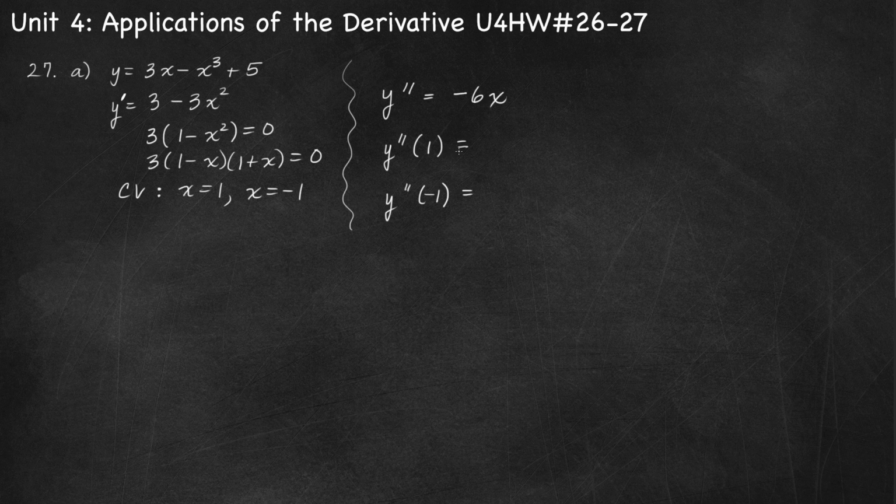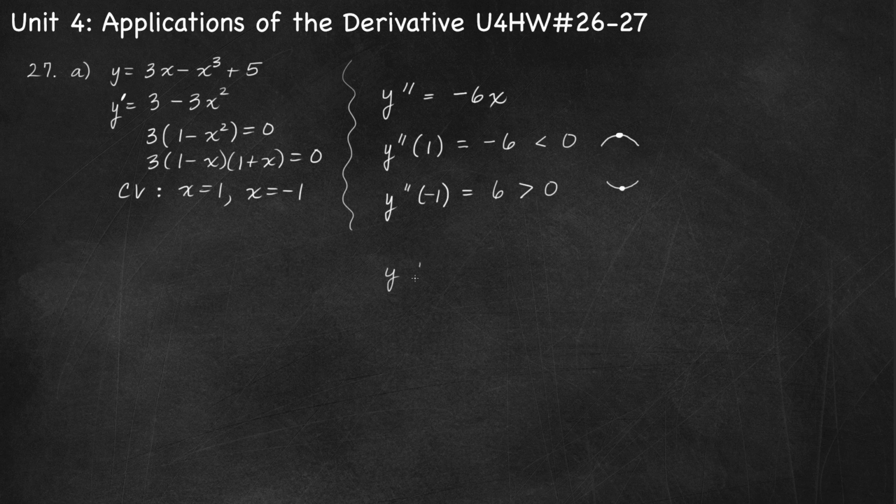Y double prime of 1 is negative 6. That is less than 0. Since the second derivative is negative, I know my graph is concave down at that point, and therefore I have a relative max. Y double prime of negative 1 equals 6. That's positive. A second derivative that's positive indicates that our original curve is concave up. So I know I have a relative minimum there.